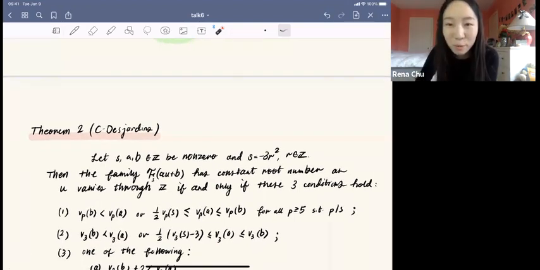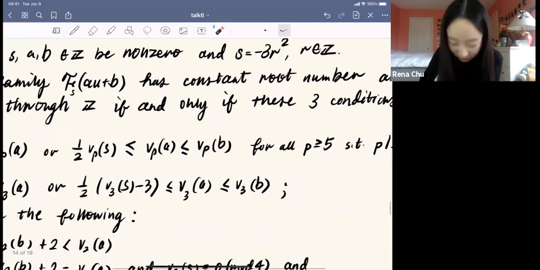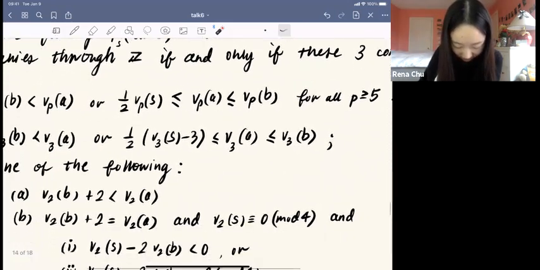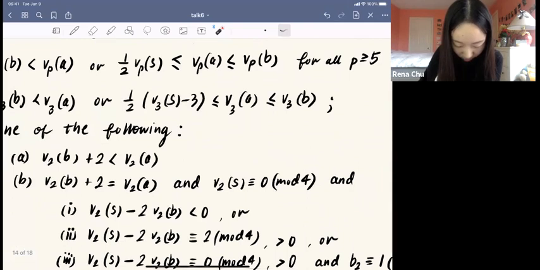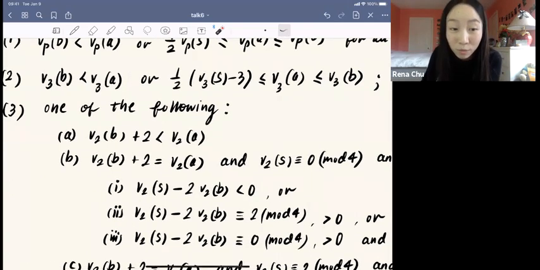Now, while I was preparing this slide, I wasn't sure whether I should just end it here or actually write out the conditions for 2, but I thought the audience probably deserves the full glory of P equals 2. So here it is. These are the conditions. Notice it just needs to satisfy one of the following.